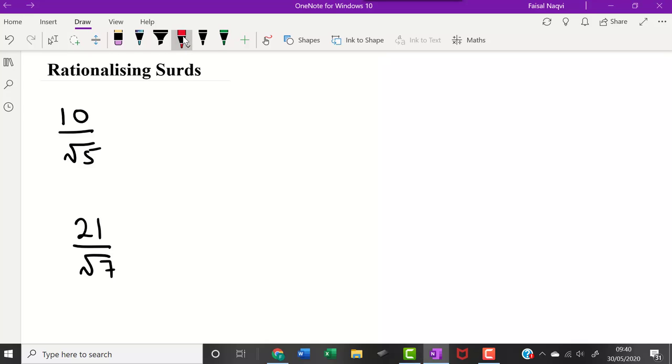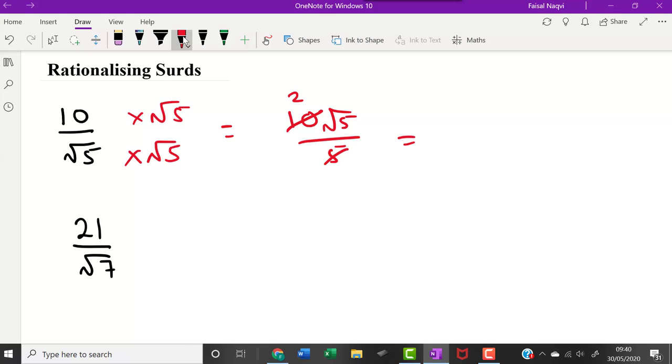Okay, for the first one, I have to multiply both the bottom and the top by root 5. If I expand this out, I get 10 root 5 over 5, and I can divide the top and the bottom by 5, so 10 divided by 5 is 2, 5 divided by 5 is 1, which gives me 2 root 5.